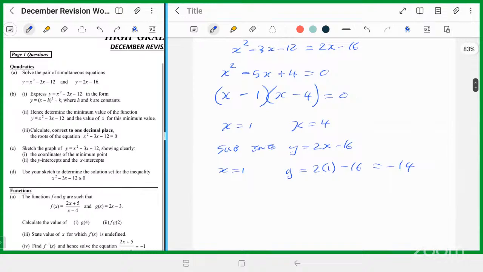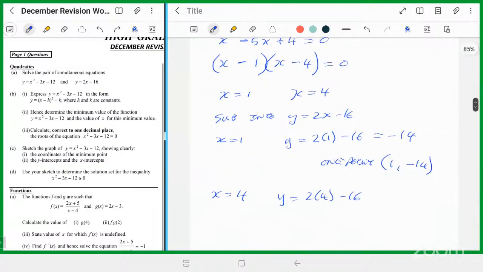And so one point of intersection is: 1 is the x value, negative 14 is the y value. 1, negative 14. Then at the other point, x is equal to 4. So at x equals 4, you plug in the 4 in the line equation again. It's going to become y equals 2 times 4 minus 16.